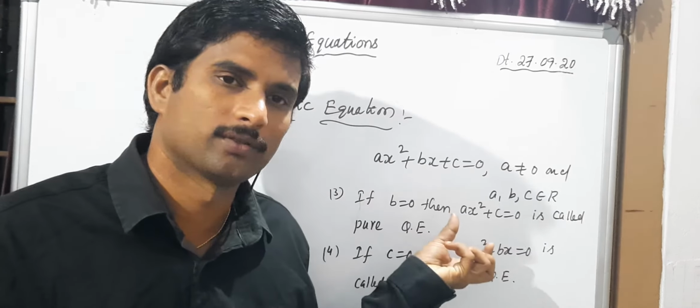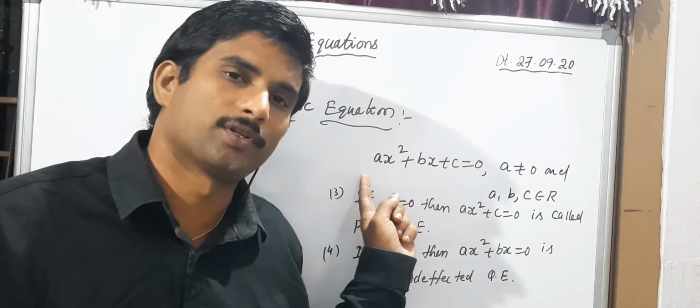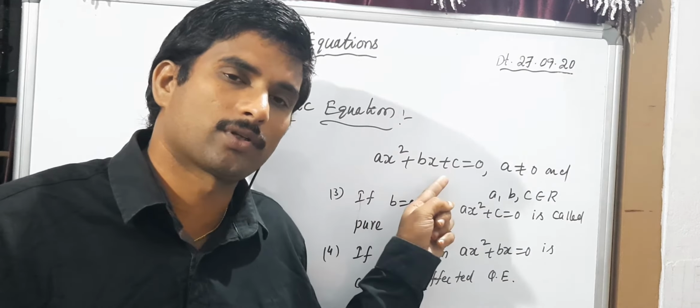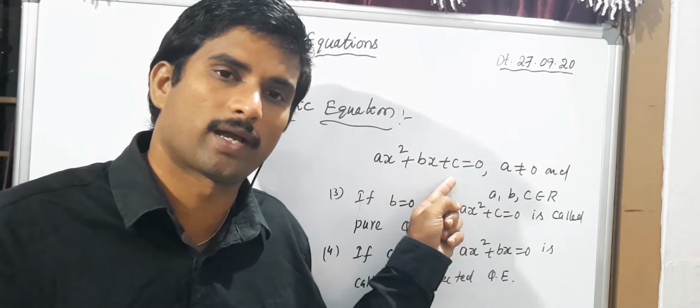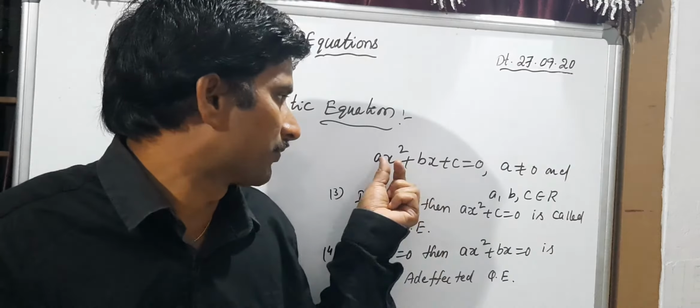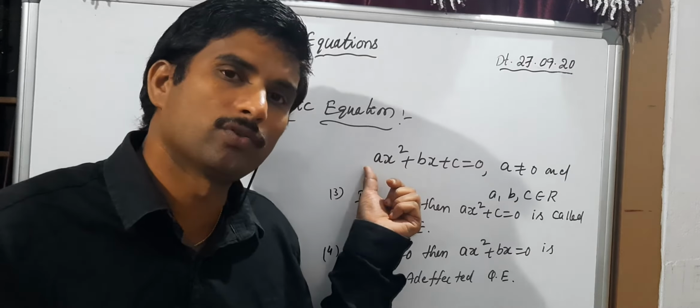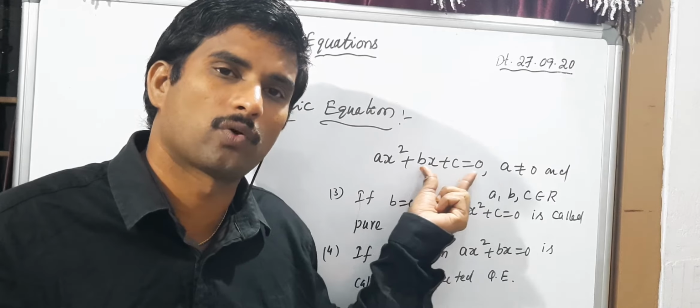I can repeat. In this quadratic equation, if the x square coefficient is 1, then the equation of the form x square plus bx plus c equal to 0 is called a monic quadratic equation. If the x square coefficient, that is a, equal to 0, then the equation of the form bx plus c equal to 0 is called a linear equation.